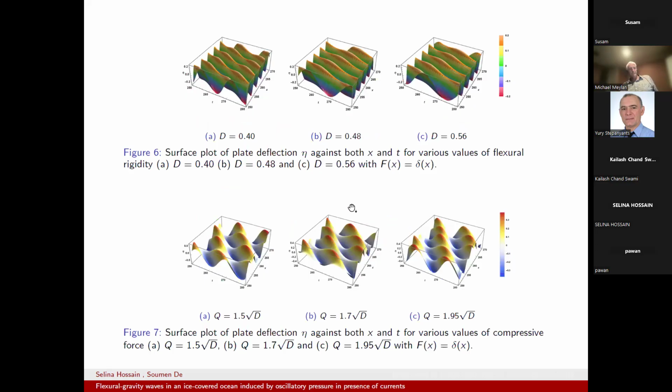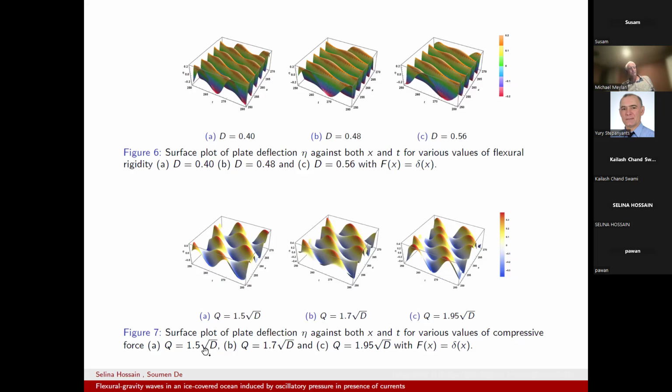In figure 6, we have plotted eta as a function of x and t for different values of flexural rigidity. As we can see in figure 6, as the flexural rigidity D increases, the intensity and amplitude both decrease. And therefore, the number of peaks in eta decreases for higher values of flexural rigidity.